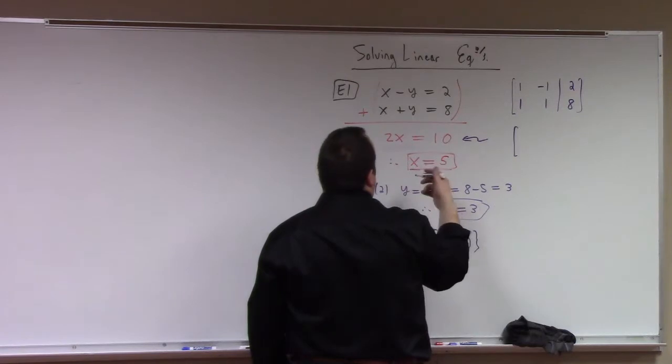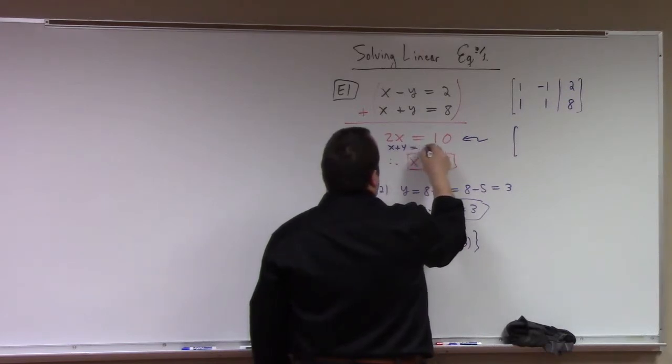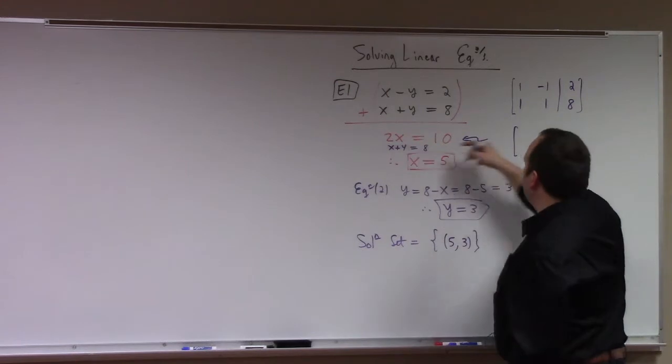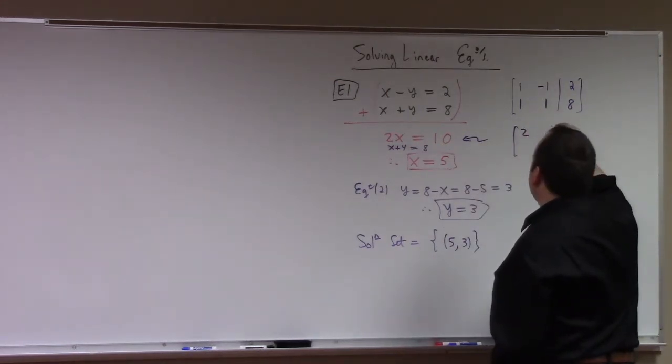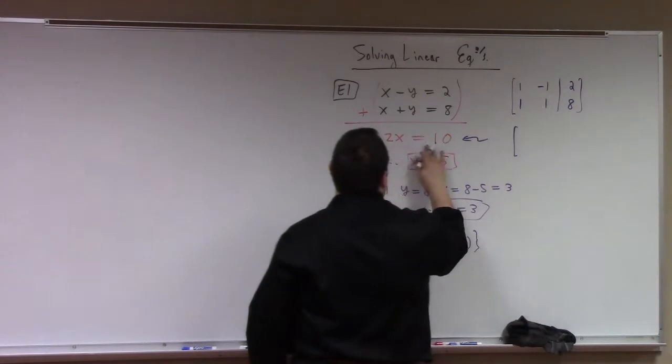There's still two equations, so I don't know which one I'm keeping. I'll keep the second one. My point is the first equation, 2x equals 10, corresponds to this row. Well, let me write it second. Sorry, I'll get with it eventually here, guys.